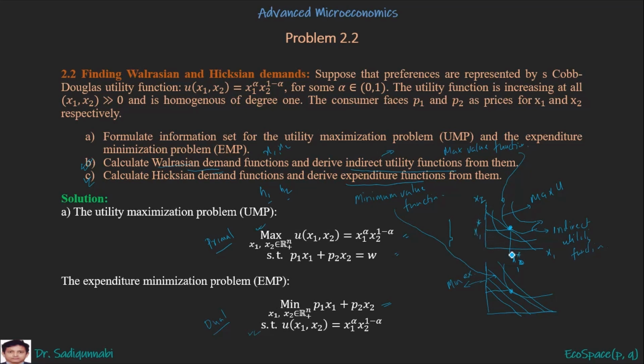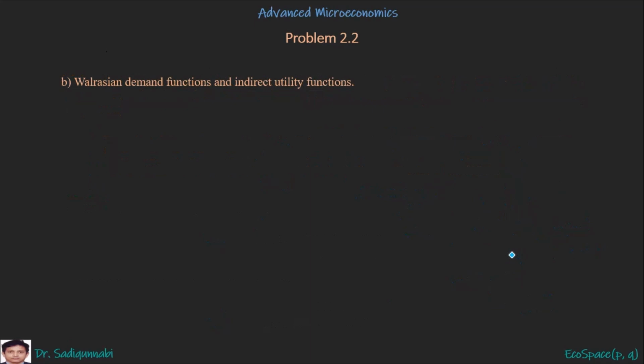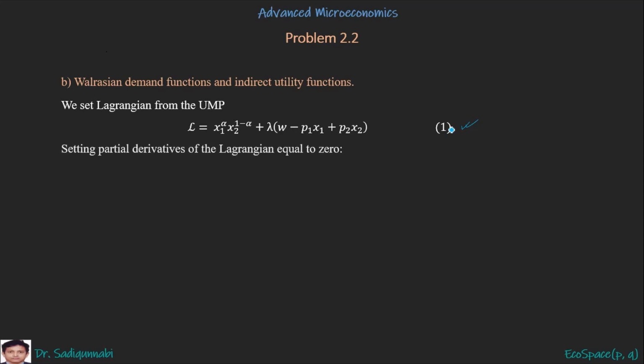Now question 2.2b, Walrasian demand function and indirect utility function. So we set the Lagrangian from the UMP. This is our Lagrangian, and setting the partial derivatives, that means the FOC.